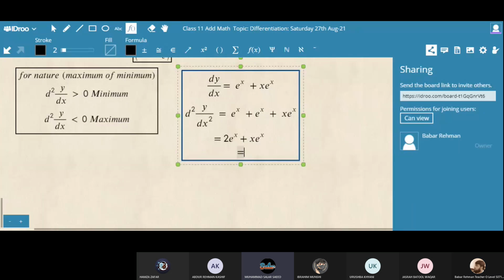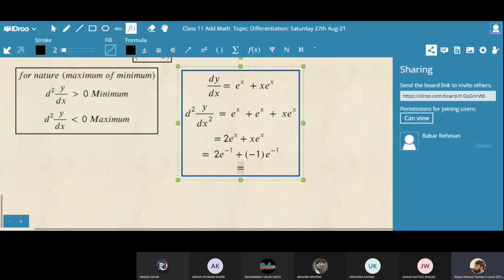That is 2e power minus 1, then plus minus 1 multiplied by e power minus 1. You have to find the answer in terms of e.